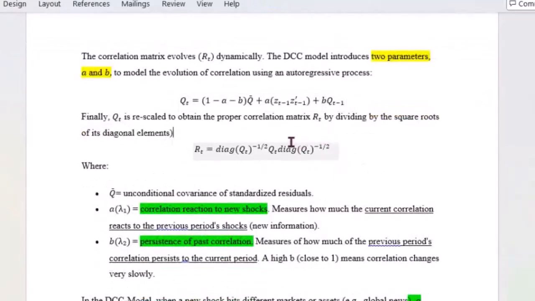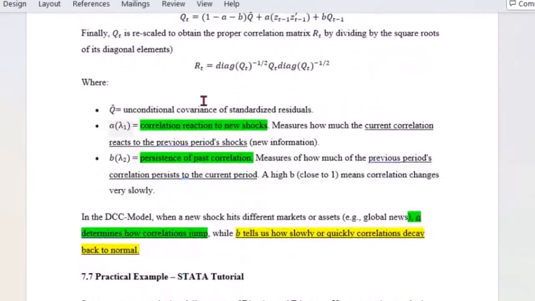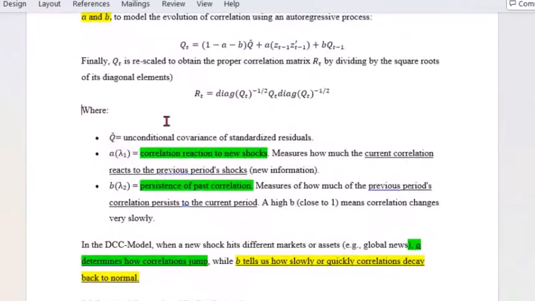So when we run the analysis, we shall be looking at parameter A and parameter B. Their values, their magnitude, and their significance level will be our interest, and we shall use them to interpret the results. This is what I have illustrated in this section.